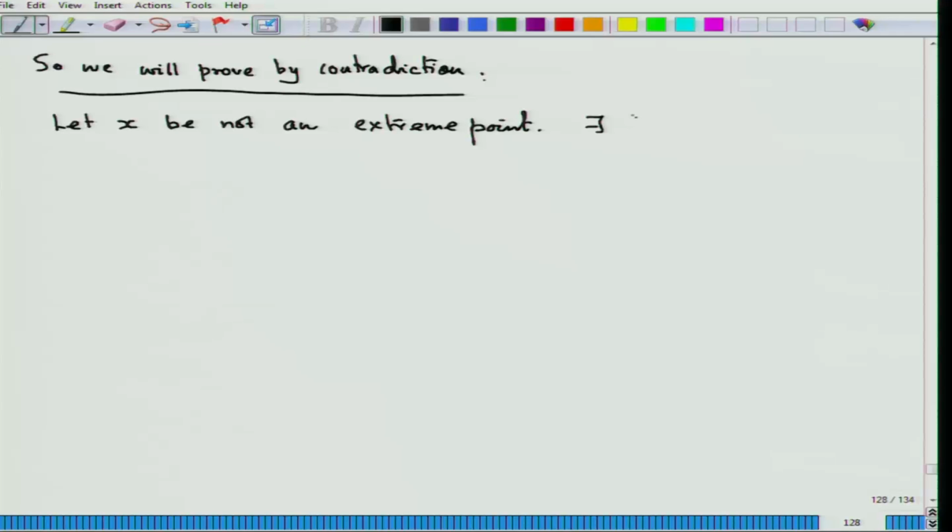So, there exists x1 not equal to x2, x1, x2 in C, and lambda in (0,1) such that x equals lambda x1 plus (1 minus lambda) x2.